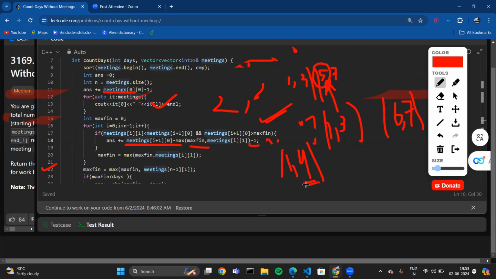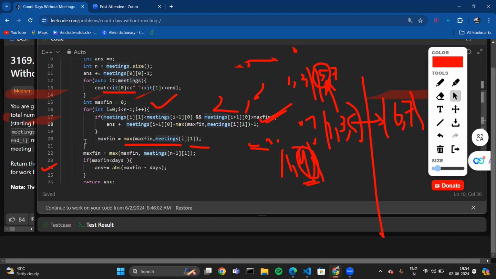Then I know that up till day 4, 4 is covered. So I will take the maximum of this 3 and 4, and I will subtract, and minus 1 also we have to do. So this is the way we can be sure that 4 was not. Had we subtracted only 6 minus 3, then it would have been wrong, because day 4 is already covered. Okay.